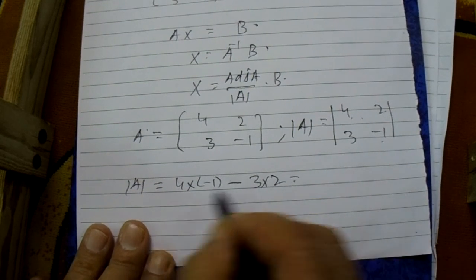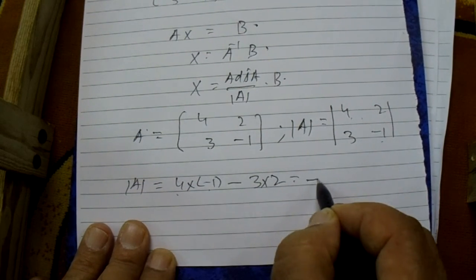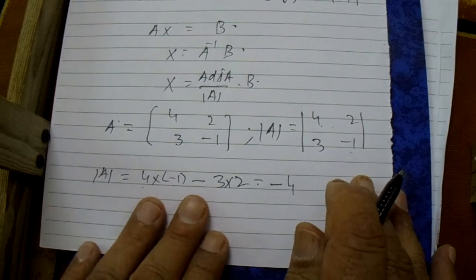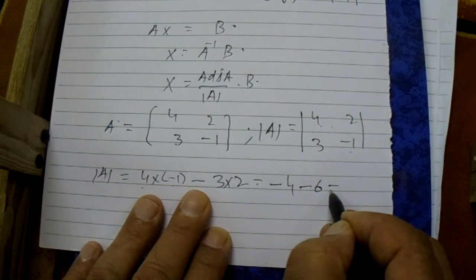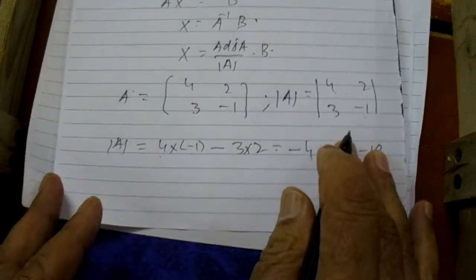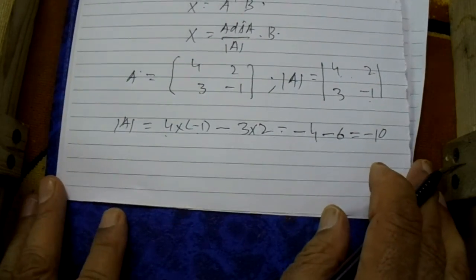Now 4 multiplied by -1 is -4, and 3 multiplied by 2 is 6, so -4 minus 6 is equal to -10. It means that determinant A is equal to -10.